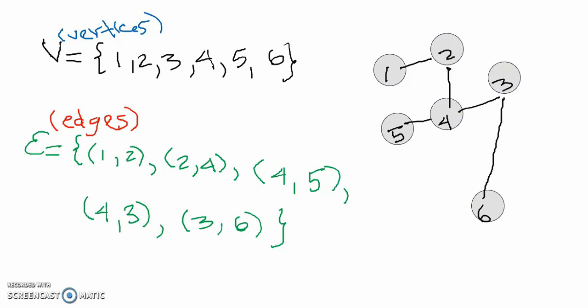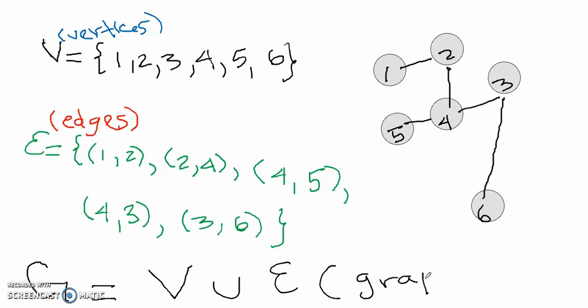So here, in general terms, we would write something like G, the graph, is basically the set of vertices together with the set of edges, right? This is what we would call a graph in graph theory terms, or it may also be called a network.